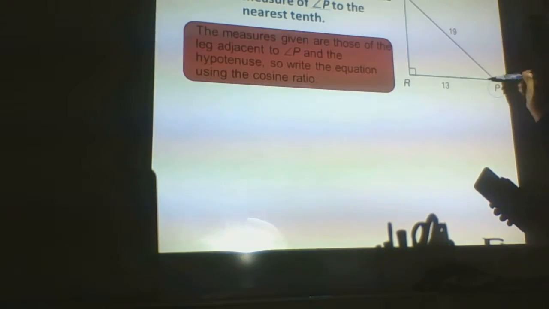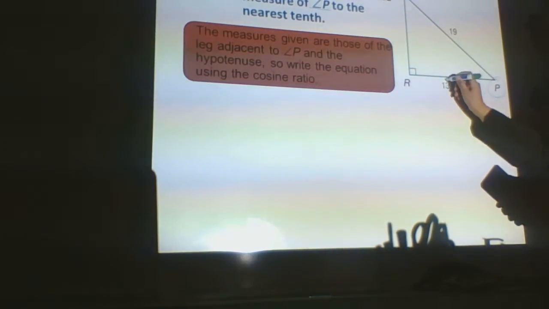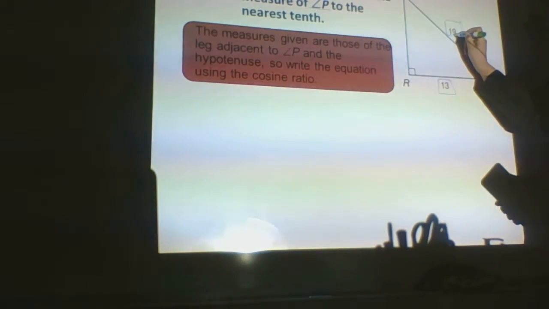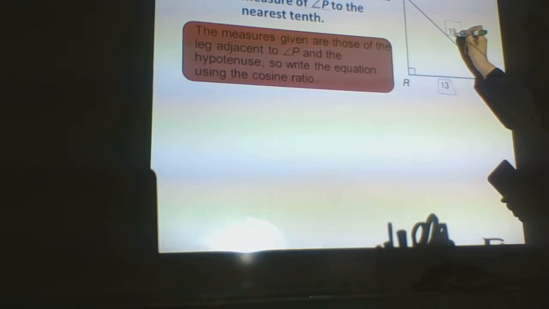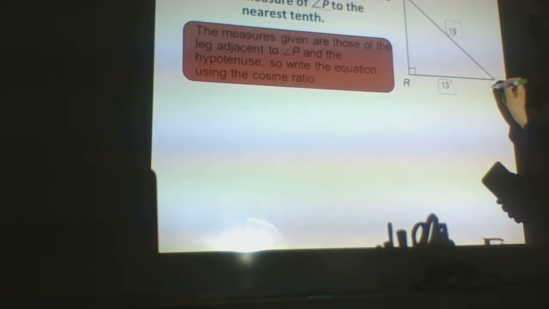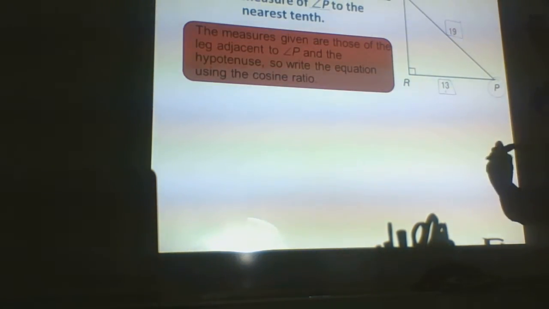So let's see where P is. P is here. What two sides do we have? We have 13 and we have 19. We know 19 is what? Hypotenuse. In reference to angle P, what is the side 13? Adjacent.